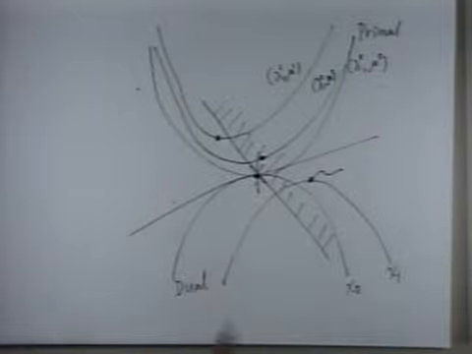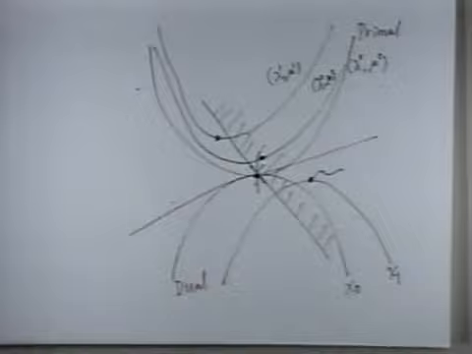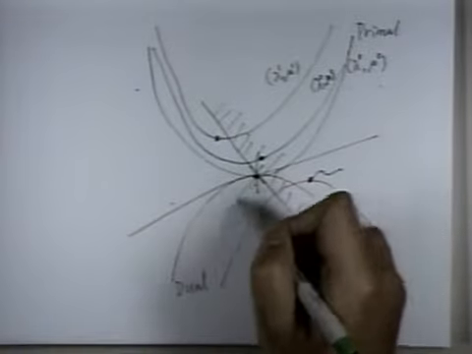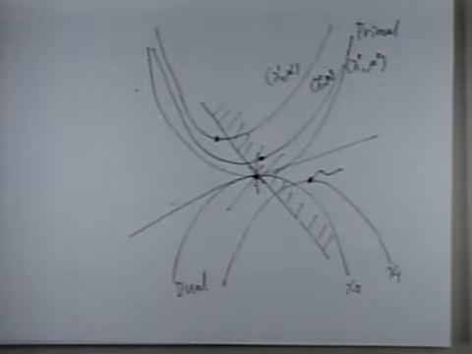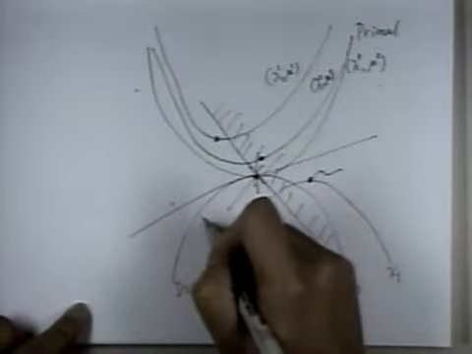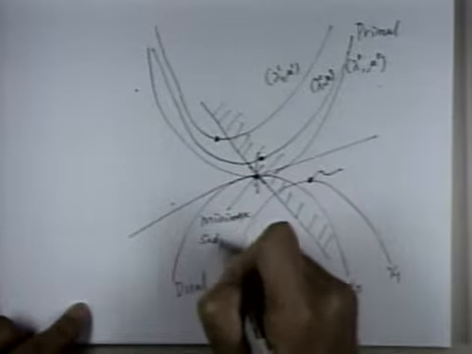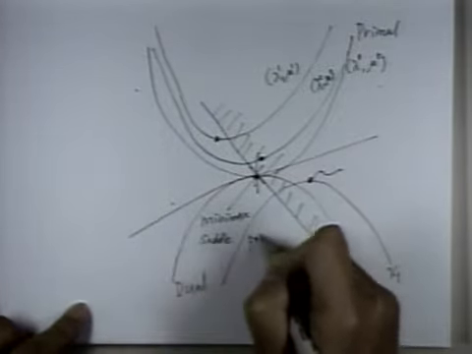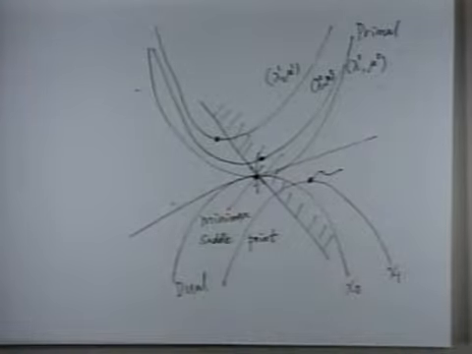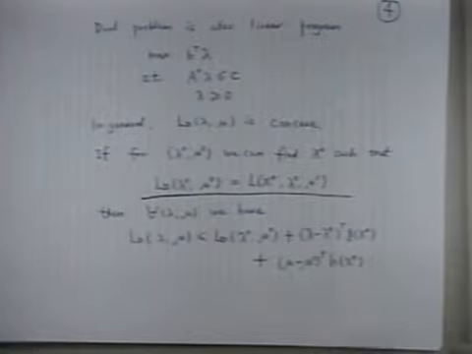The nice thing is that if you have this point that is tangent to this, which we call some kind of minimax, or some people call saddle point, then we don't have any problem in finding the dual solution which also solves the primal problem.